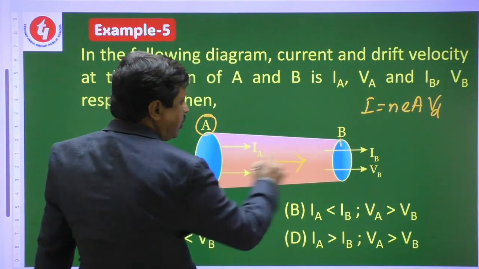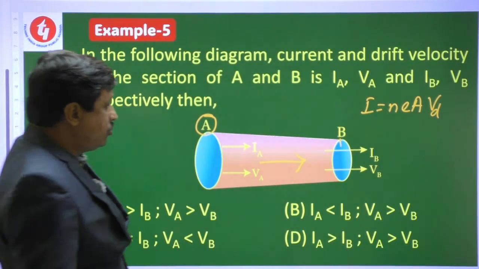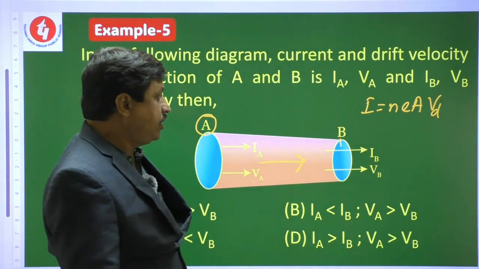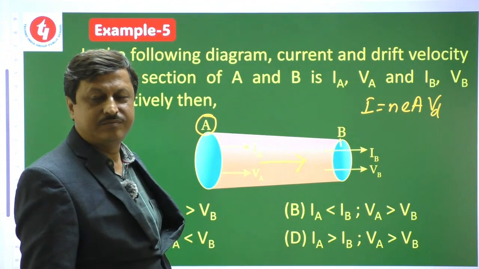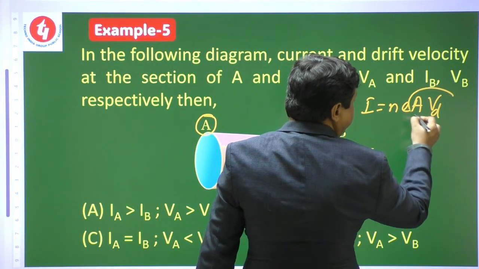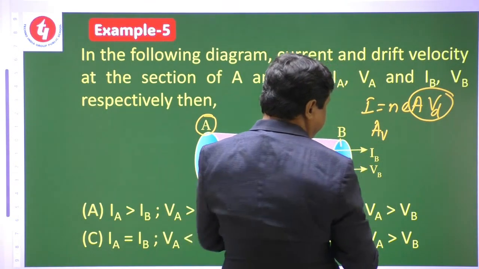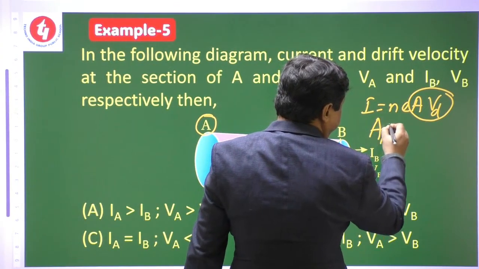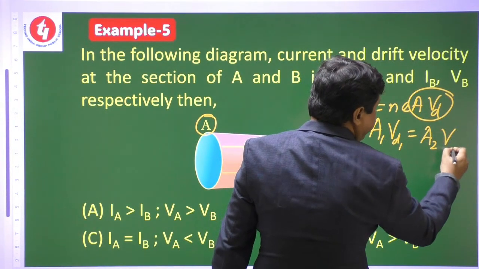Current throughout the conductor will be the same. So how can we justify this? I is the same for all sections, and what differs is A into Vd: A1 into Vd1 equals A2 into Vd2.